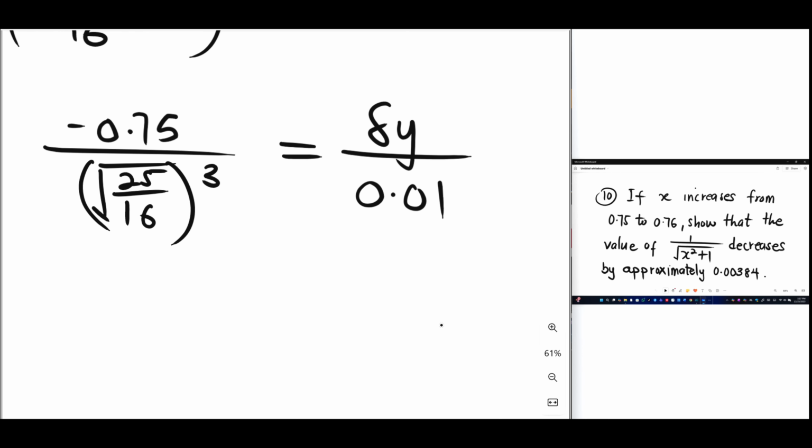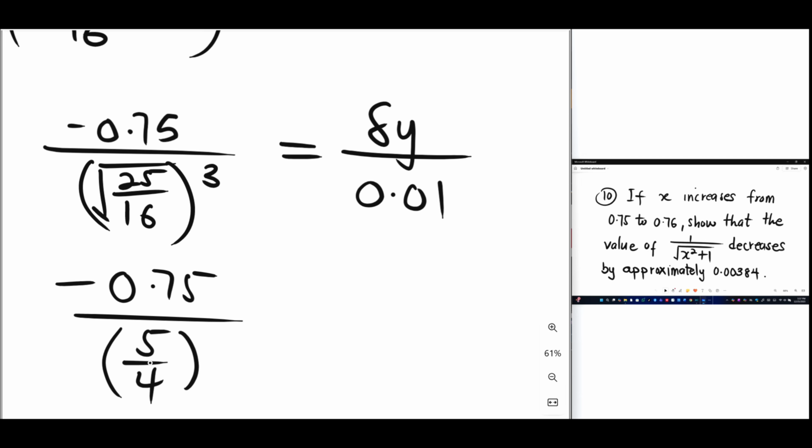So here we are going to get negative 0.75 divided by square root of 25 is 5, square root of 16 is 4, all in bracket, having an exponent of 3.